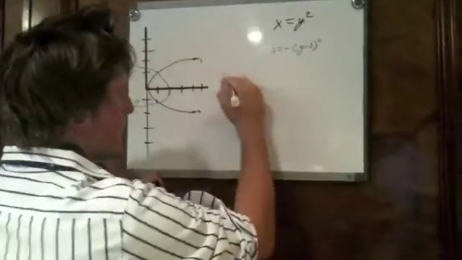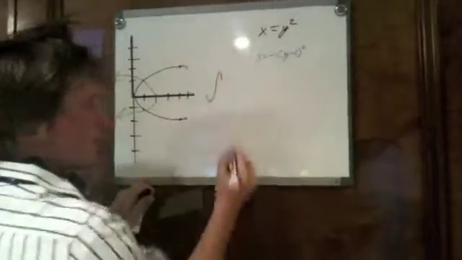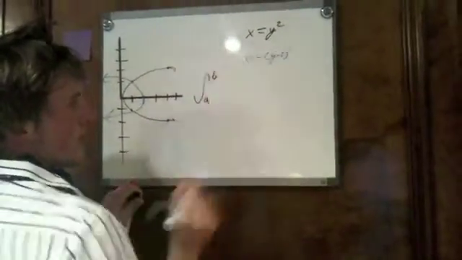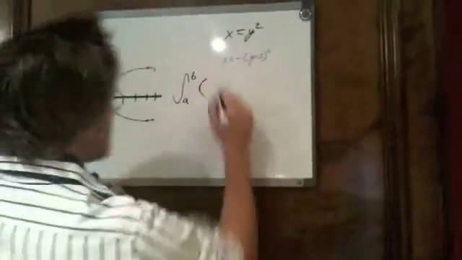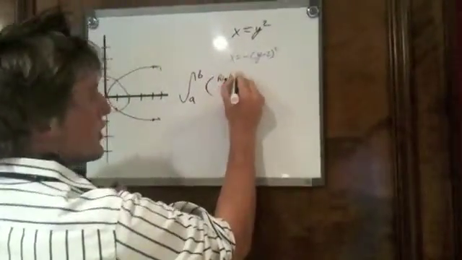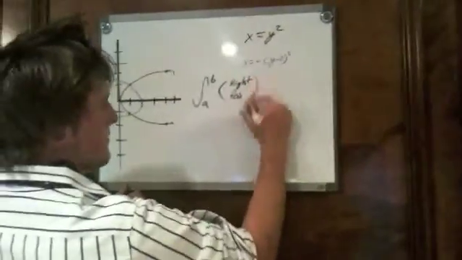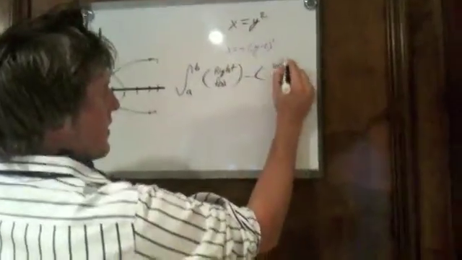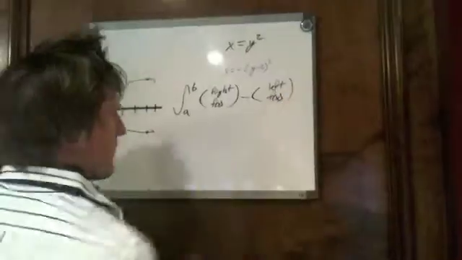The new equation is really simple. It's similar to the other one: the integral from a to b of the right function minus the left function.